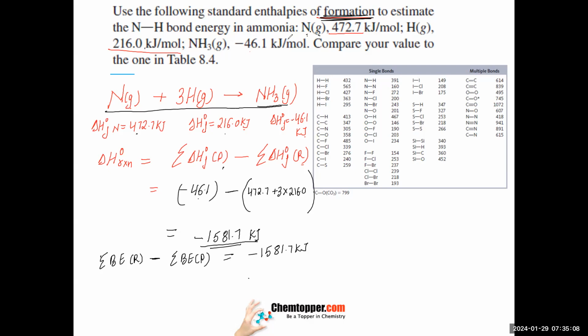So why all of a sudden am I on this equation now? Because they're asking me to calculate the NH bond energy. That's the question. Now read the question and see what I'm doing. I'm calculating delta H of the reaction, and then I'm trying to calculate the bond enthalpies. This is a bond enthalpy equation. That's why I told you at that time. Which one are you talking about?